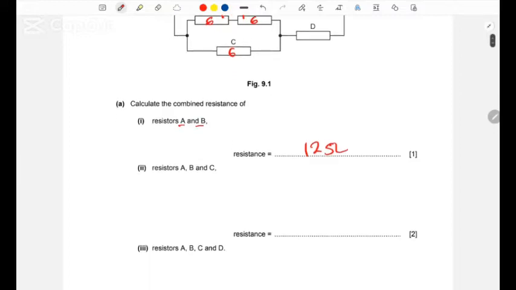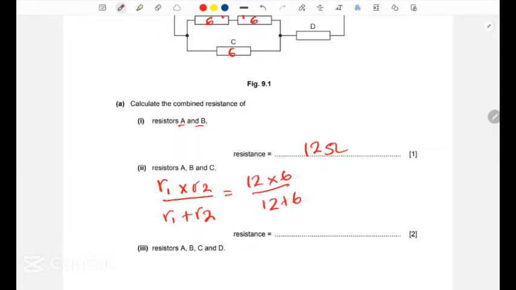So what we do is R1 times R2 over R1 plus R2. So we do 12 times 6 over 12 plus 6. This would give us 72 over 18, which is 4. So it's going to be 4 ohms.